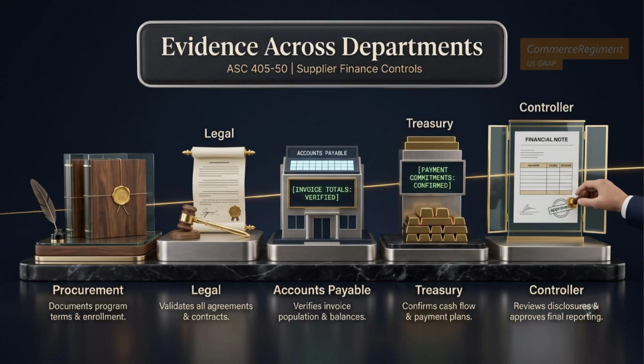Legal reviews payment obligations and termination language. The controller reviews the disclosure, challenges the completeness of the program population, and approves the final note. Recognition may not change, but disclosure completeness absolutely matters. A program that is invisible in the notes can distort a reader's liquidity analysis.